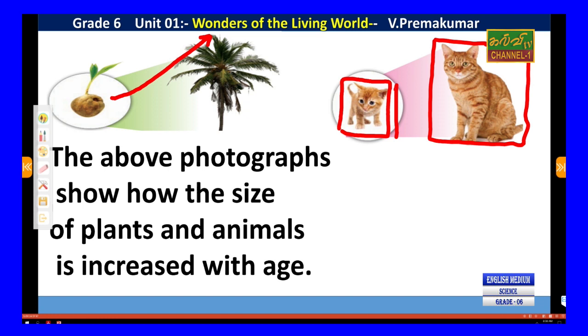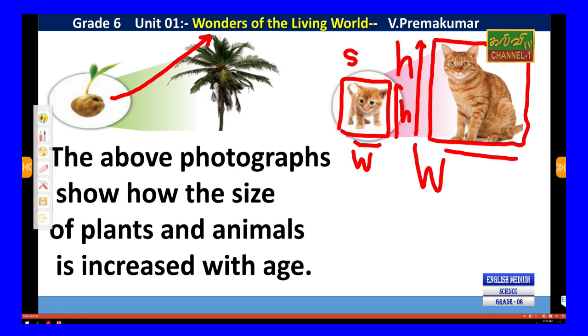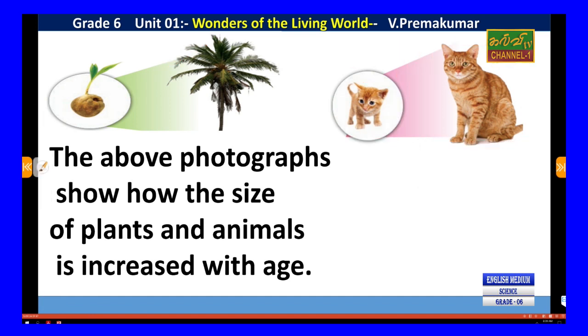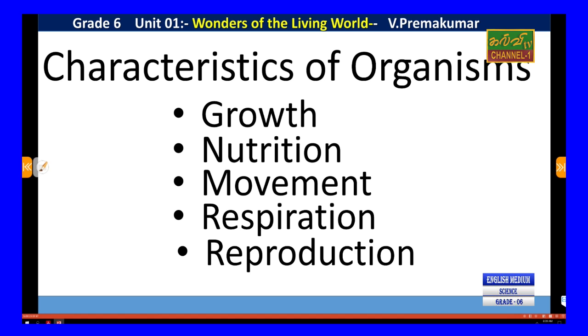The height increases, the size increases, and sometimes the weight also increases. From the above you can understand that plants and animals grow, because that is a characteristic of organisms.